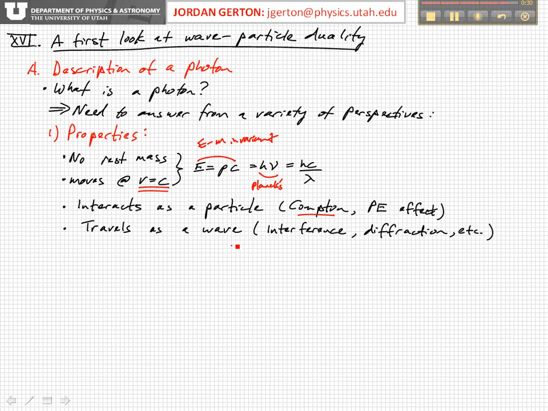You should have seen in some previous classes that you get diffraction patterns and interference effects when you have light waves going through slits and so forth. So these are some of the properties of light, of a photon, that we've already discussed.